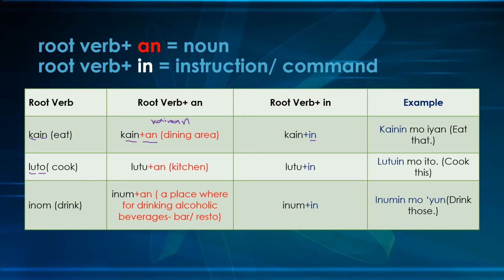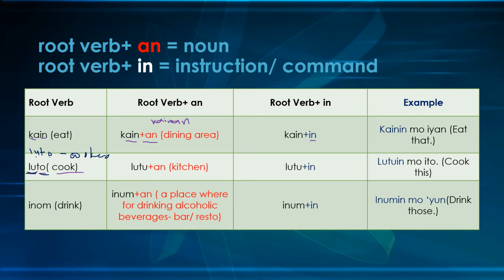The next verb is luto, which means cook. We put some emphasis on this first syllable, lu. Because if we pronounce it in a fast manner, luto, it means cooked or already cooked.